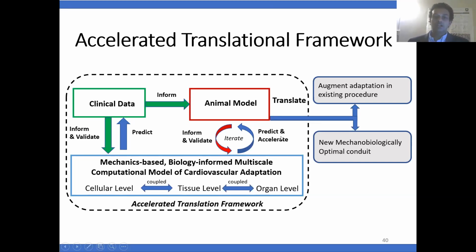Of course, there are a lot of fundamental developments that need to happen within mathematical theories to make this happen, especially in the multi-scale coupling, because if you look at it, you're working with phenomena that happen at a few seconds.